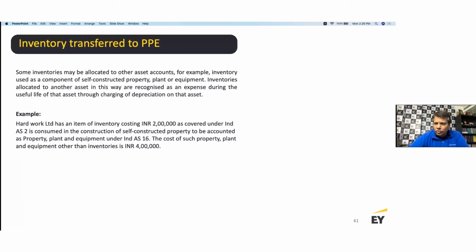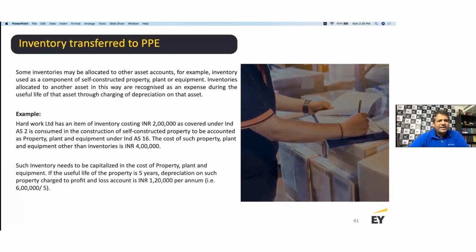And what do you do? Essentially, you will capitalize this 2 lakh. Such inventory needs to be capitalized in the cost of property, plant and equipment. If the useful life of the property is 5 years, depreciation charged to profit and loss account is INR 1,20,000 per annum, that is 600,000 divided by 5.